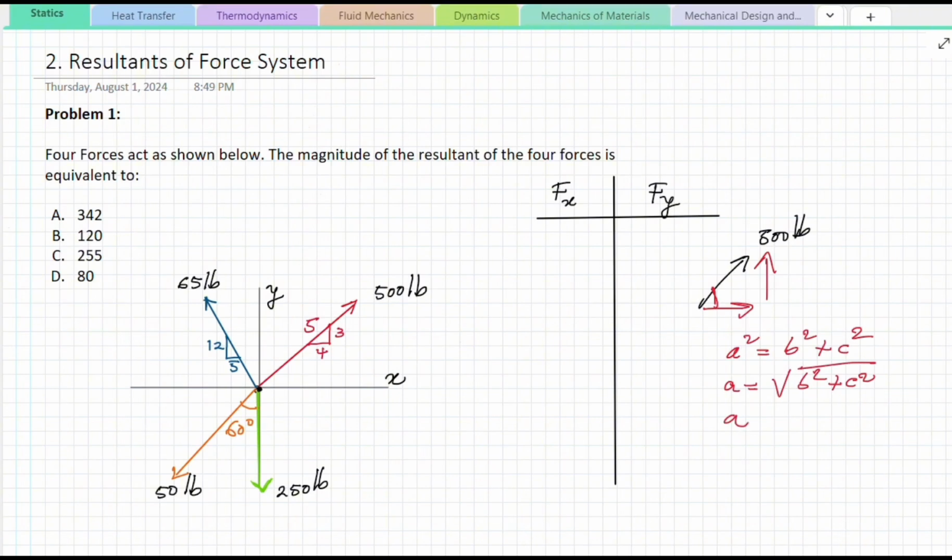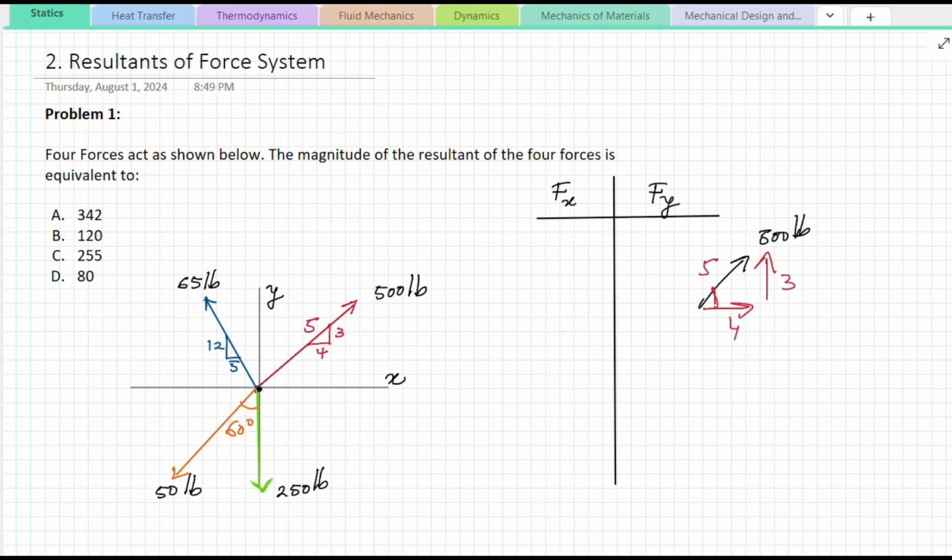Here we have b as 3 and c as 4, so 3 squared plus 4 squared, and if you plug that into the calculator, the answer will be the square root of 25, which is equal to 5. So now that we've calculated our hypotenuse, let's get back to calculating the X and Y components of this force. So we have 3, 4, 5.